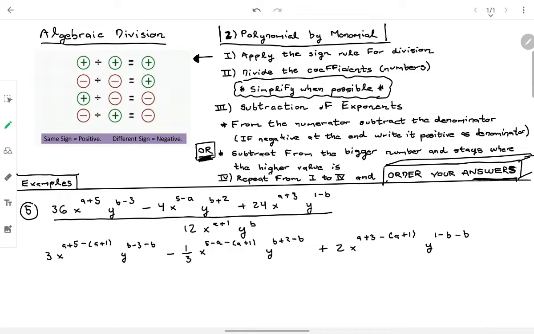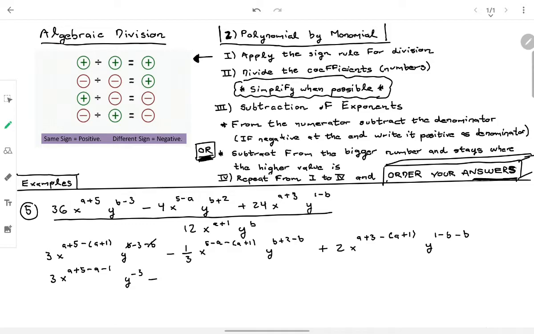So we will get something like, remember, the minus sign changes both signs, so it's going to be minus a minus 1. Here we can eliminate b and b, so it will be y to the minus 3.